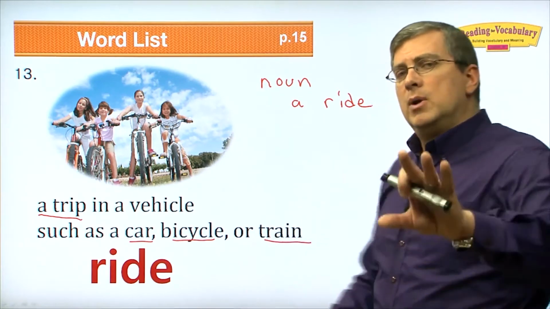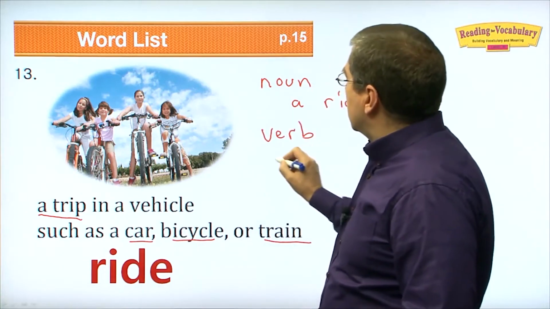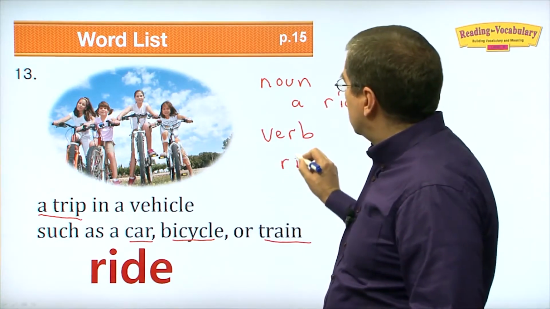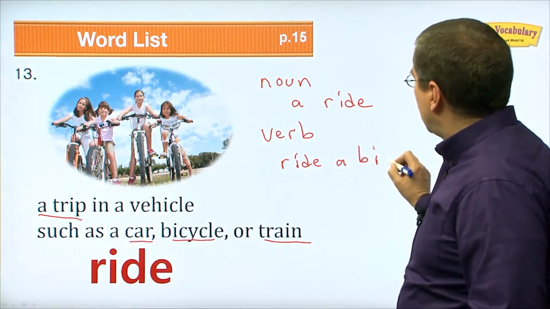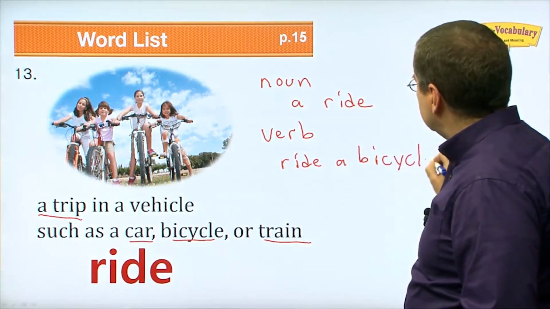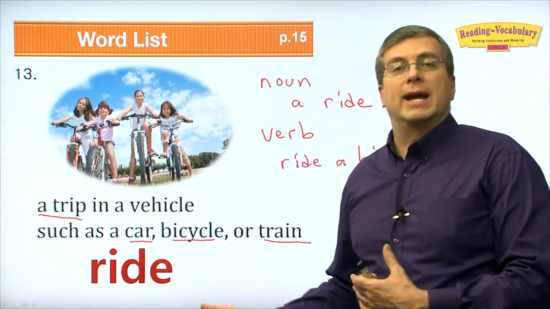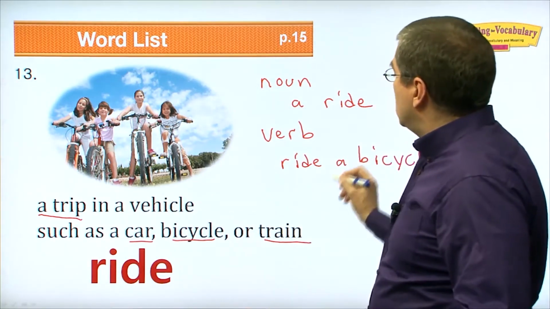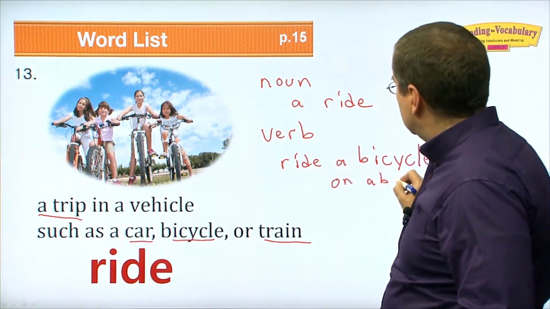That's a noun. But ride can also be a verb, right? Let's ride a bicycle. To ride a bicycle, right? So we're going to ride a bicycle. Ride in a car. Ride on a train, okay? But be careful. When you ride on a bicycle, right?